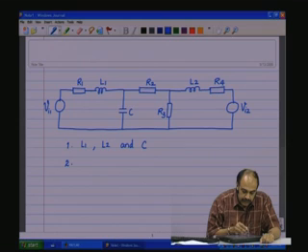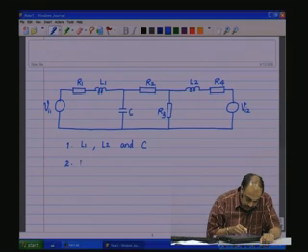Coming to L1, it is the current through L1, which let us name IL1.